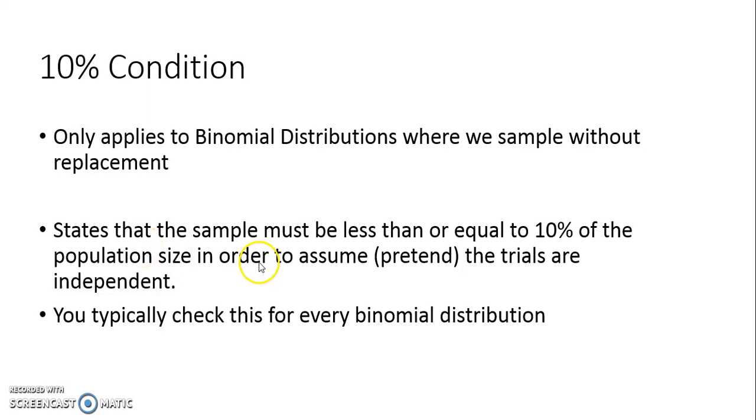Most of the time we want larger samples, so the 10% condition is very limiting because we need it to be smaller or equal to 10%, but we get better information from bigger samples. Sometimes the large count condition is passed with larger samples. So it doesn't mean that smaller is better. It just means that we can pretend or assume independence and therefore carry out the problem.